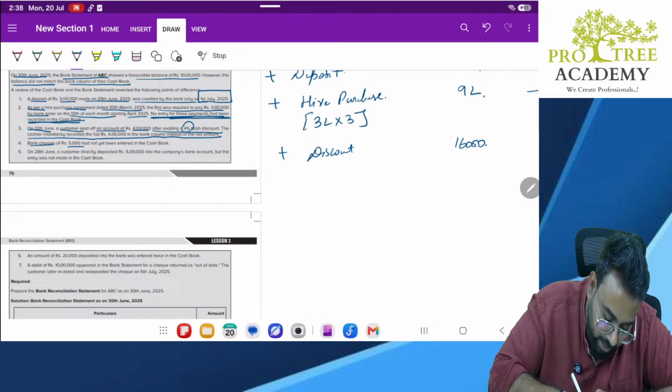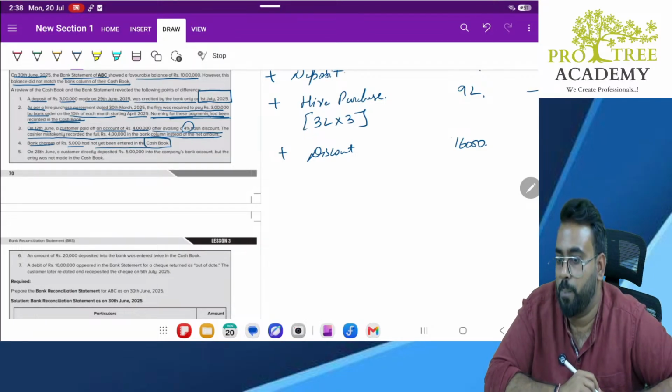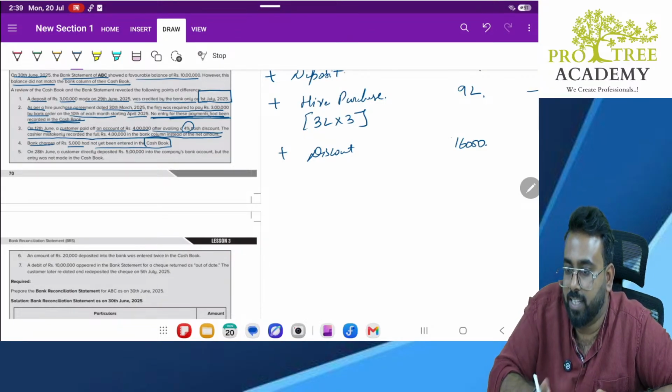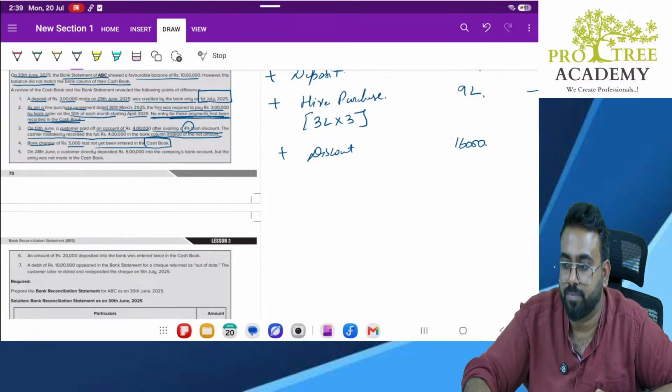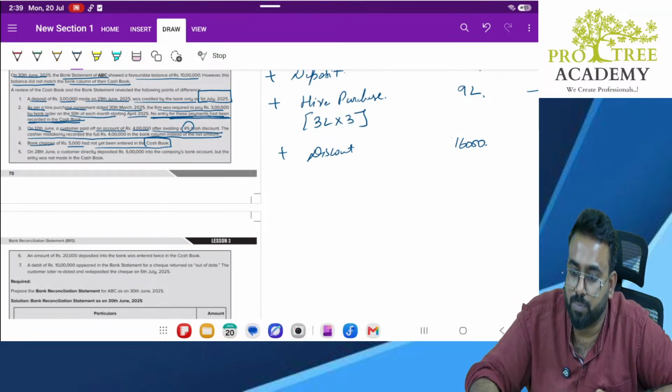Bank charges of 5,000 had not been entered in the cash book. Of course, bank charges will not be recorded unless they get the bank statement. Now what will happen? Bank has already debited, but it is not there in the cash book. Correct?